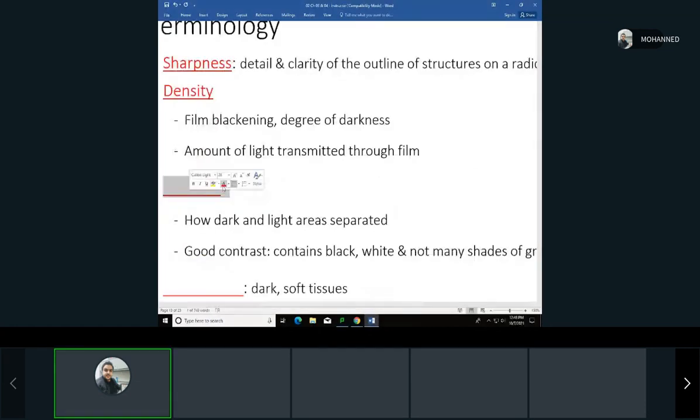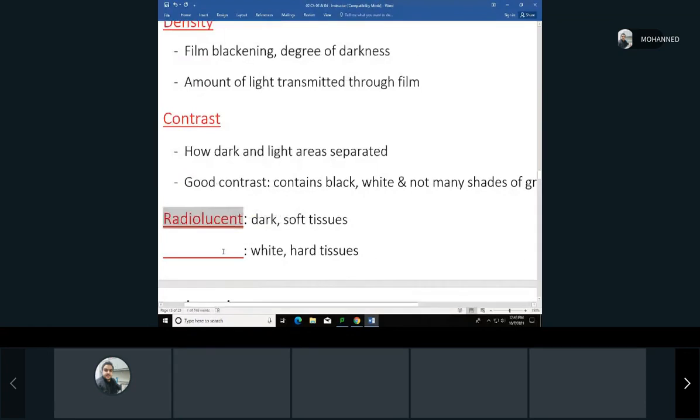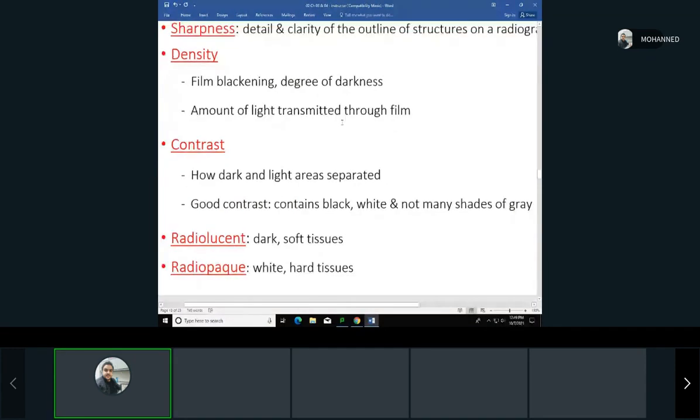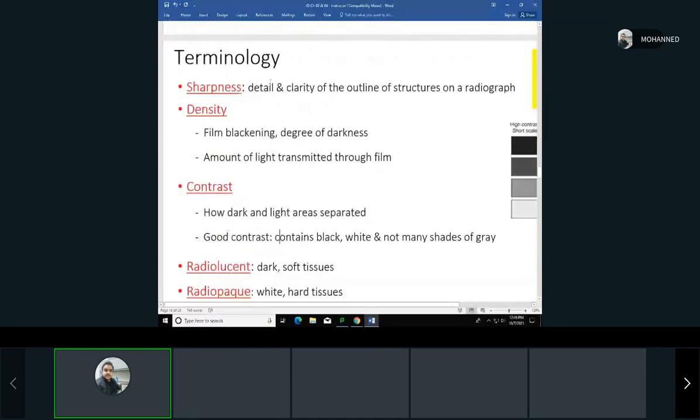And this would be contrast, how dark and light areas are separated. So these are things that we think about when we are taking an X-ray, how to describe the quality of our X-ray. Again, we want to get a good quality of X-ray.